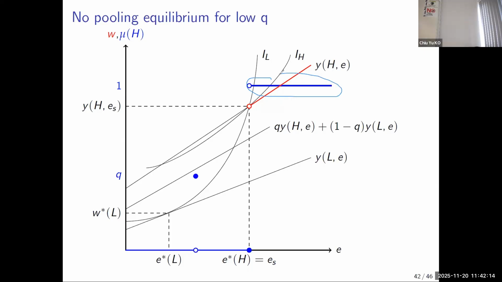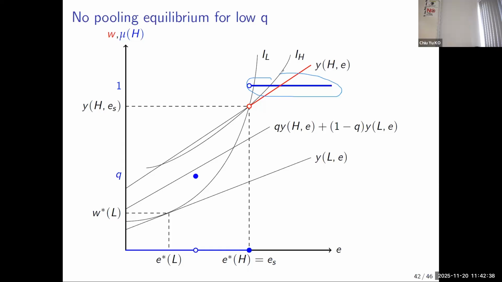Okay. But this one can kill pooling equilibrium. Why? Because pooling them like this, right? This is the pooling equilibrium, right? But given this, you are going here to here, right? Because your high type is here, so you pay this.